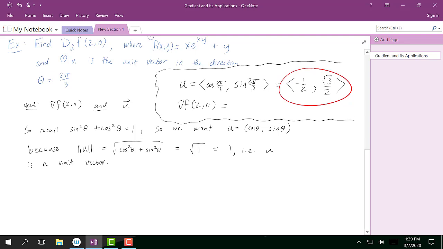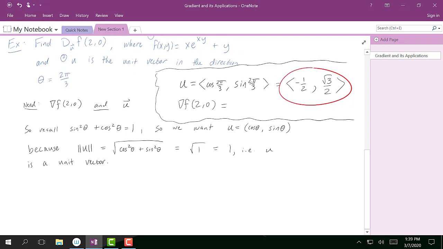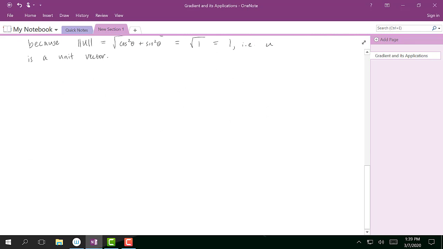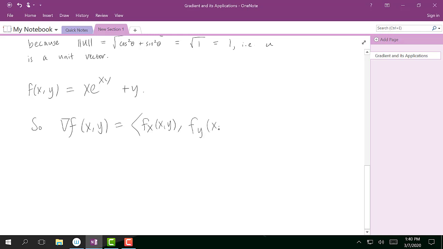First thing we're going to do is find the partial derivatives of f with respect to both x and y. So what we had again is f(x, y) equals x times e^(xy) plus y. And so the gradient evaluated at some point (x, y) is going to be the partial derivative of f with respect to x at that point, comma, the partial derivative of f with respect to y at that point. For the partial derivative with respect to x, we're going to have to use the product rule, because in the first term we have a product of two functions of x.